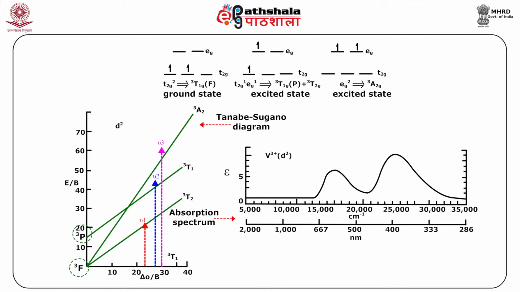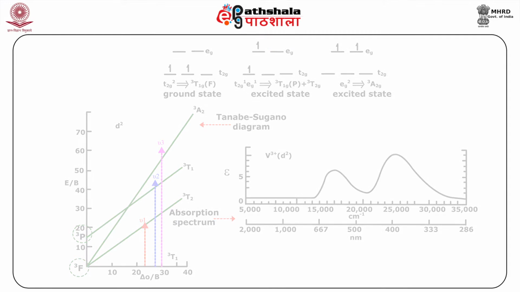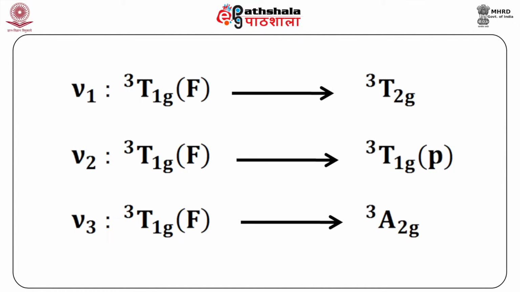The excitation leads to three spin-allowed absorption bands, namely nu1, nu2, and nu3, given in the diagram. These lead to three transitions as follows. Nu1 corresponds to triplet T1g(F) to triplet T2g. Nu2 corresponds to triplet T1g(F) to triplet T1g(P). Nu3 corresponds to triplet T1g(F) to triplet A2g.